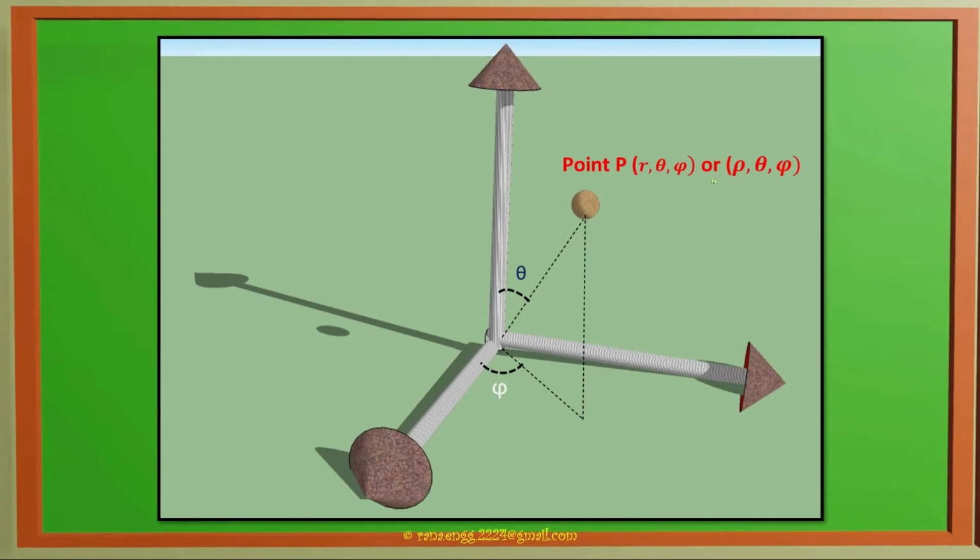So we can represent point P in space for spherical coordinates as radius r coming from the origin, angle theta with the z axis, and angle phi with respect to the xy plane, the complete rotation.